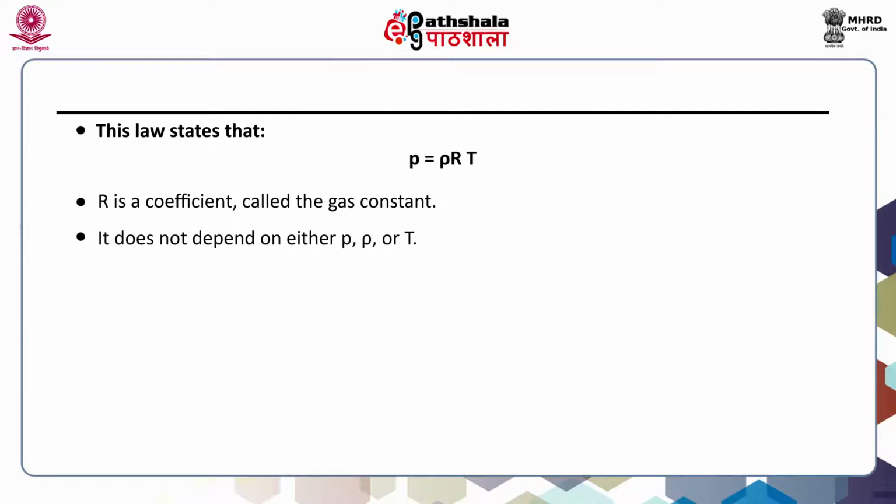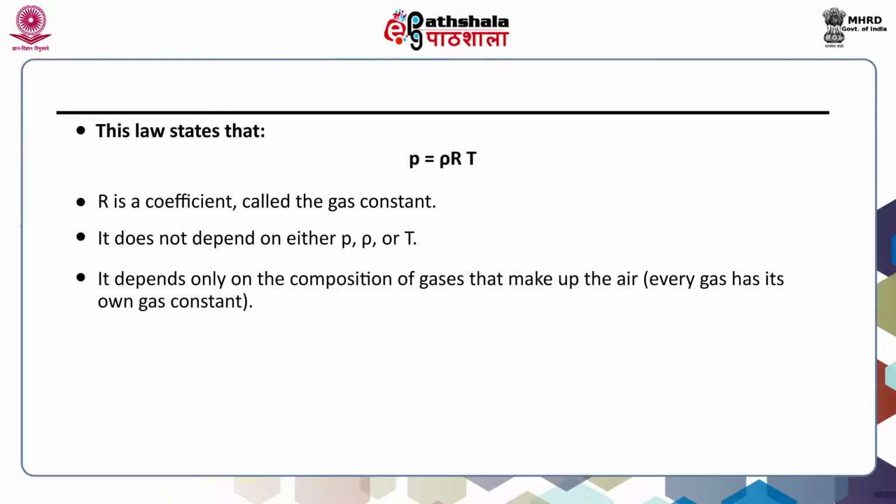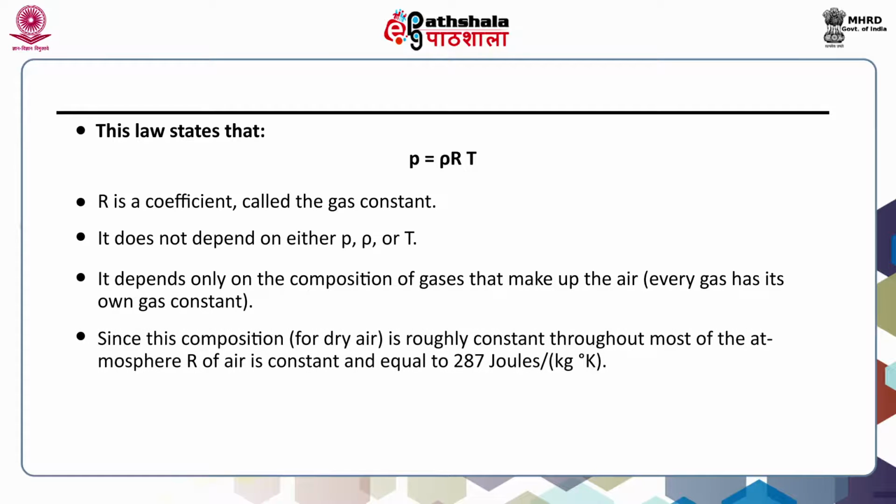It does not depend on either P, rho or T. The gas constant depends only on the composition of gases that make up the air. Every gas has its own gas constant. Since this composition for dry air is roughly constant throughout most of the atmosphere, R of air is constant and equal to 287 joule per kilogram per degree Kelvin.